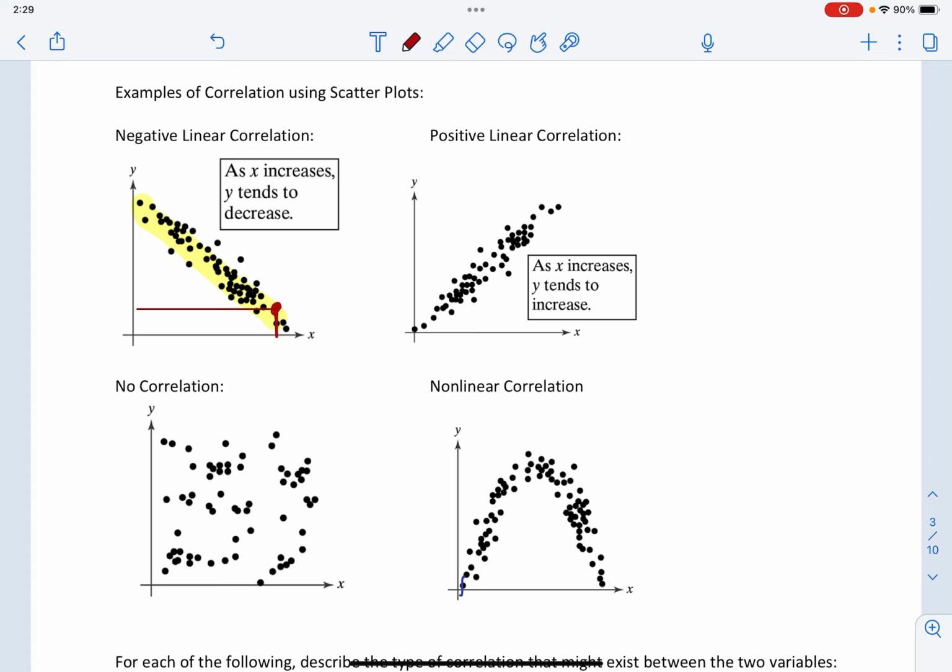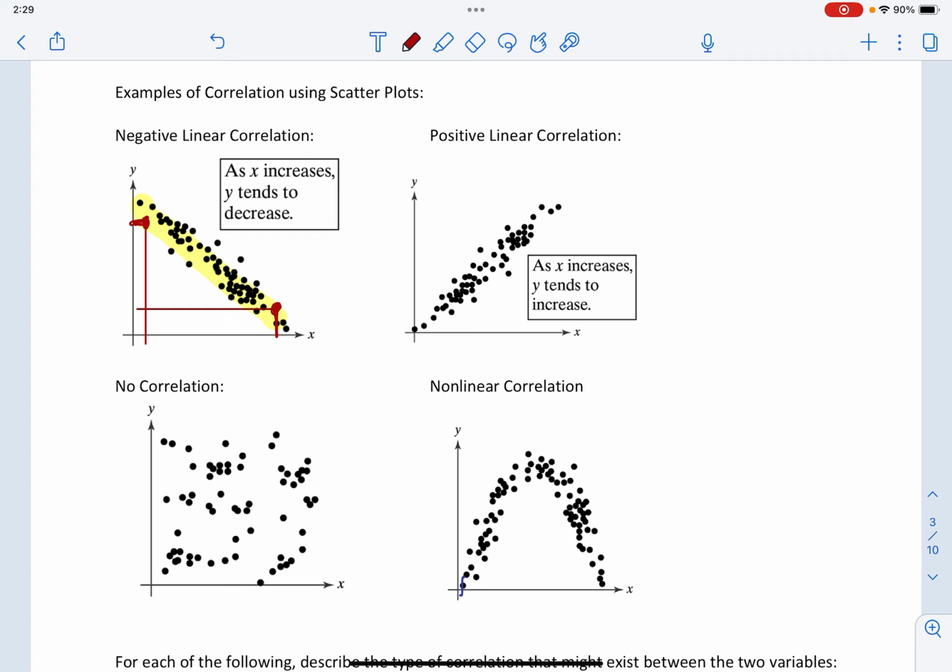So that's why this is a negative correlation. Vice versa, say this dot has a pretty small x value, and then the y is pretty high. So they're kind of opposites. As x gets big, y gets small, vice versa.